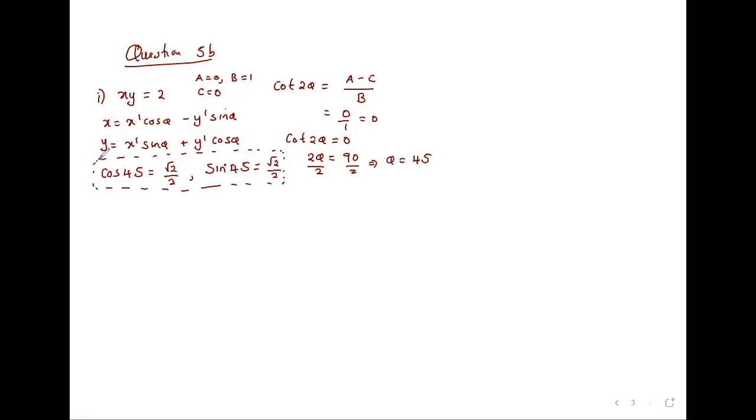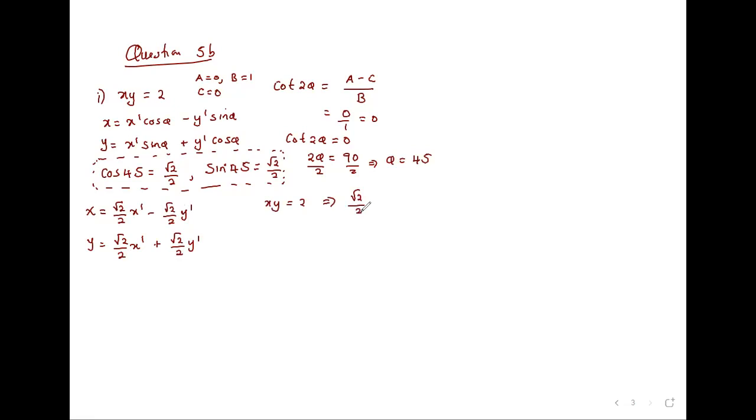So we substitute. Now our equations are x is equal to root 2 over 2 x prime minus root 2 over 2 y prime, and y is equal to root 2 over 2 x prime plus root 2 over 2 y prime. Then you go to the equation xy is equal to 2.